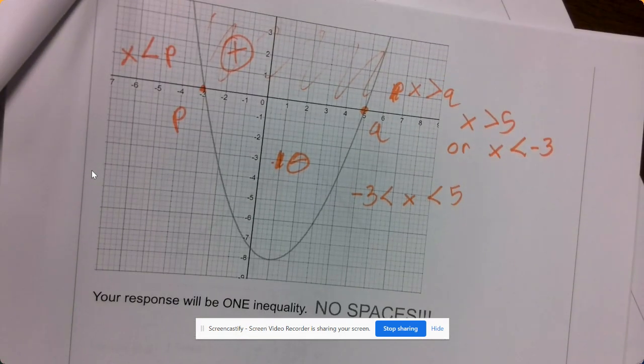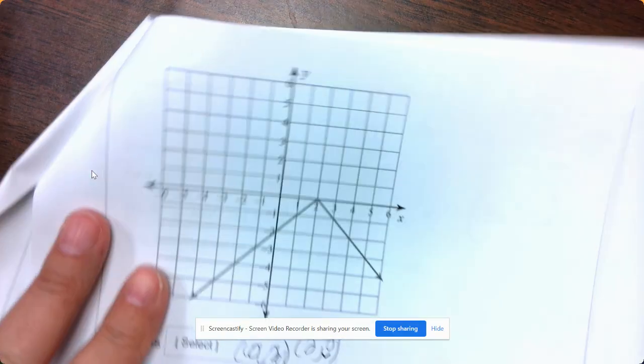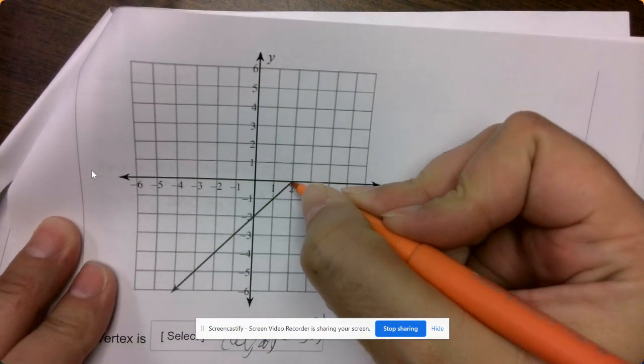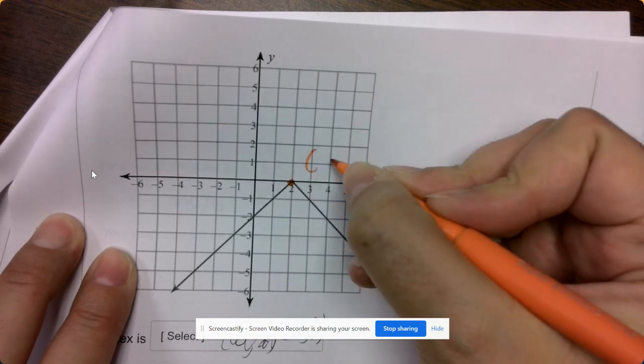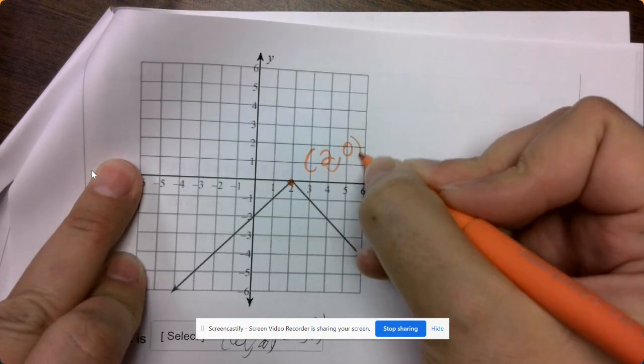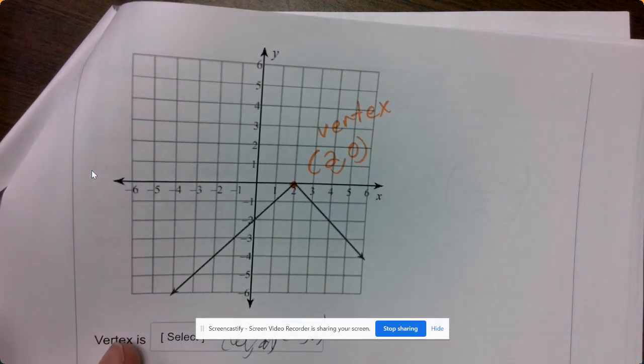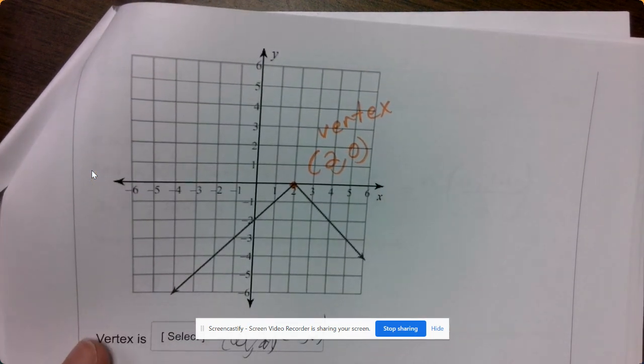Okay, identify the key characteristics of the function below, everybody. Okay, so for this one, everybody, so we have vertex is right here at (2, 0) for our absolute value function.